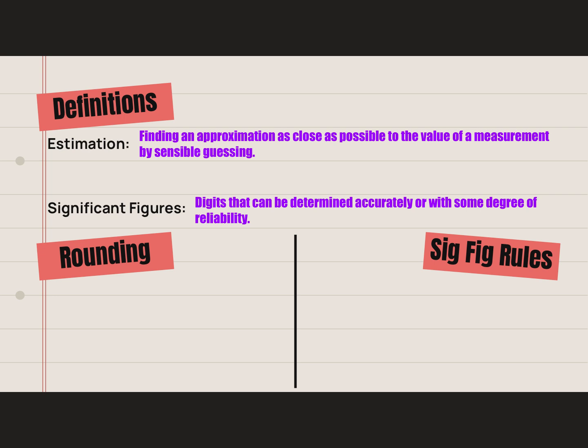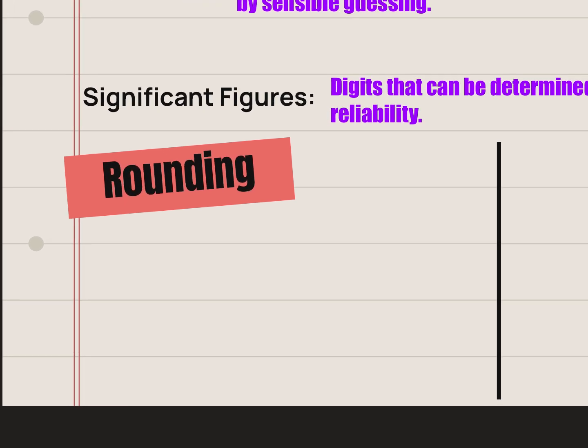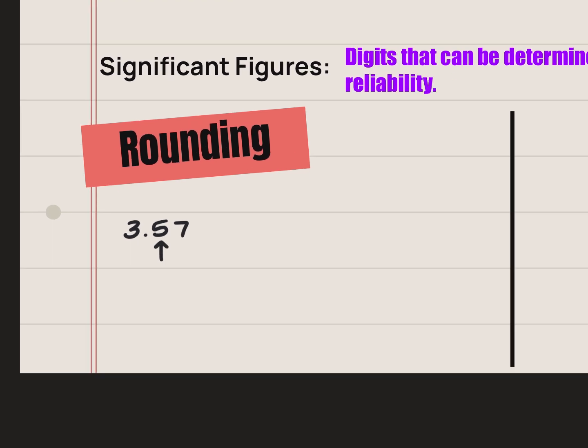For our rounding rules for IB, they are probably the traditional rounding rules that you have used all through your math careers. So if you have a number, let's say 3.57, and you want to round to the tenths space, you're going to look at the next number over. In this case, we would look at the 7.